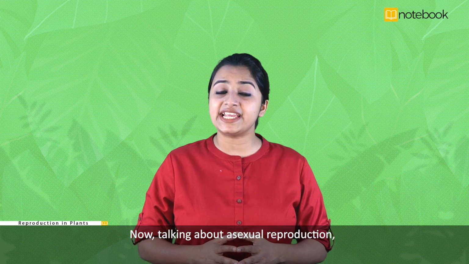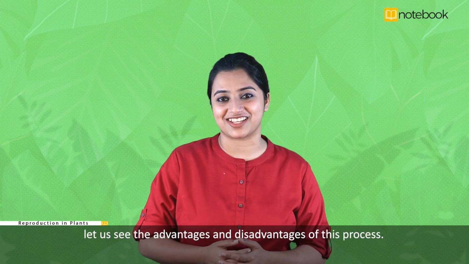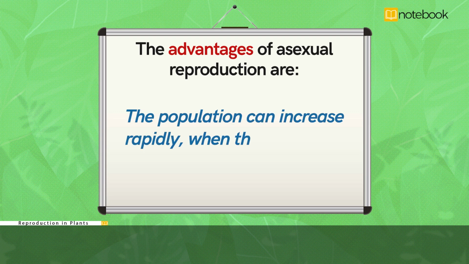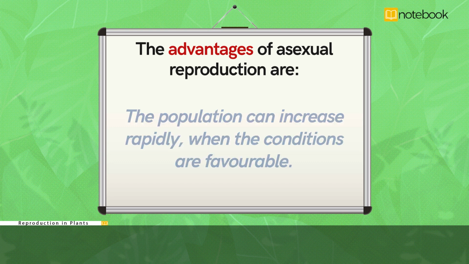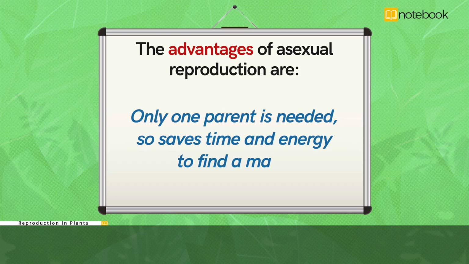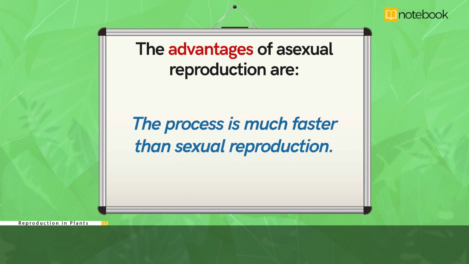Now, talking about asexual reproduction, let us see the advantages and disadvantages of this process. The advantages of asexual reproduction are: the population can increase rapidly when the conditions are favorable. Only one parent is needed, so it saves time and energy to find a mate. The process is much faster than sexual reproduction.